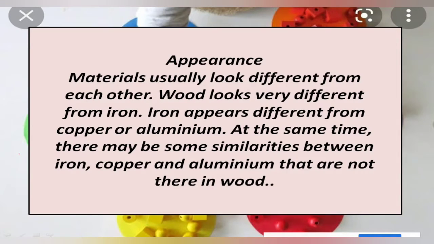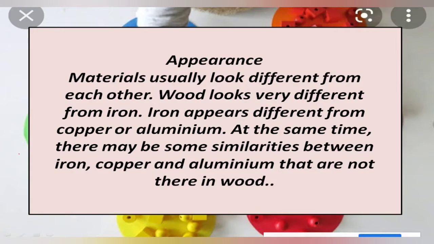Now, wood looks very different from iron. When I take a wooden scale, and I take an iron or steel scale, they are different from each other. Why? They both are scales, but why are they different from each other? One is wood, which is not looking similar to iron. Iron is more shiny and wood is less shiny, or it's not shiny.